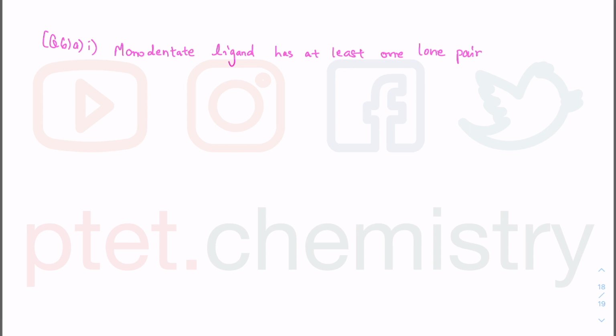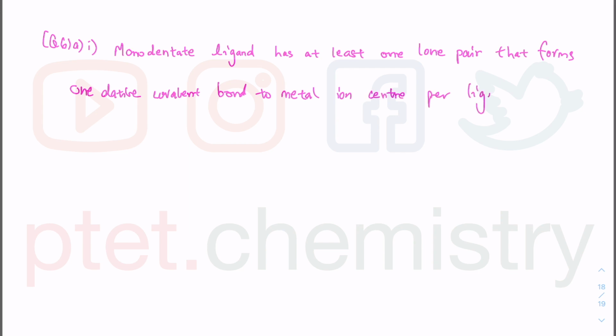It can have more than one lone pair, but it uses one lone pair that forms one dative covalent bond to the metal ion center per ligand molecule. This is very, very important.